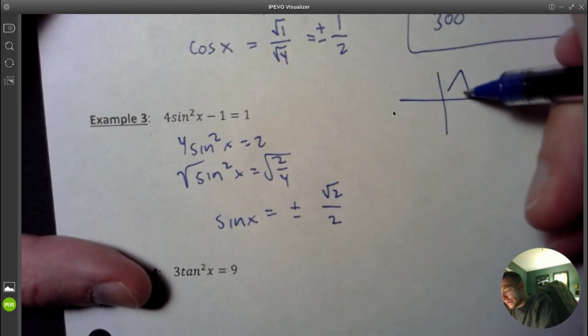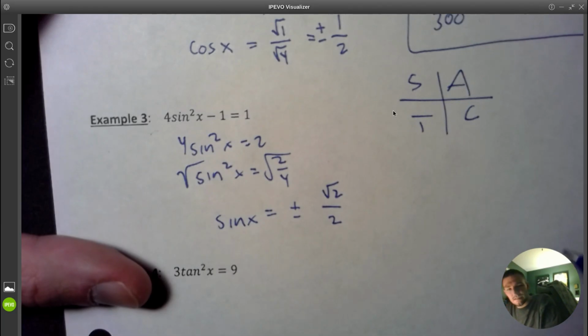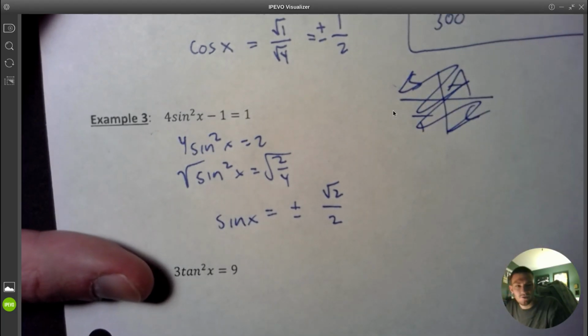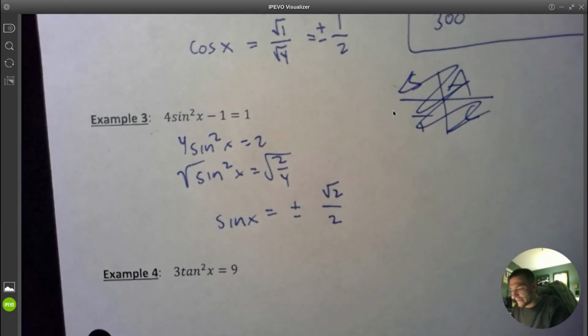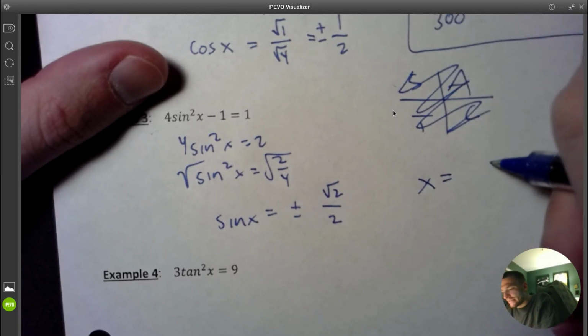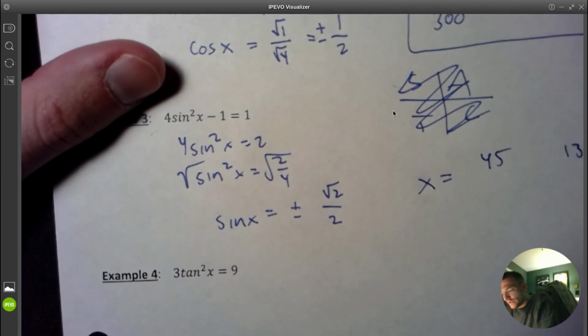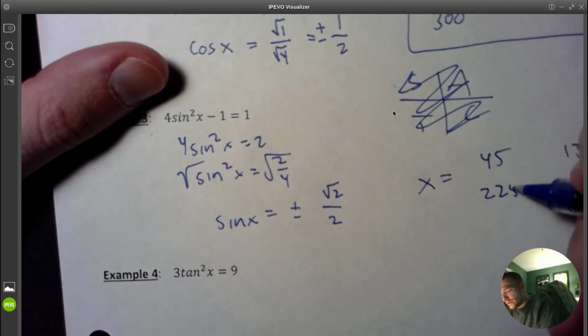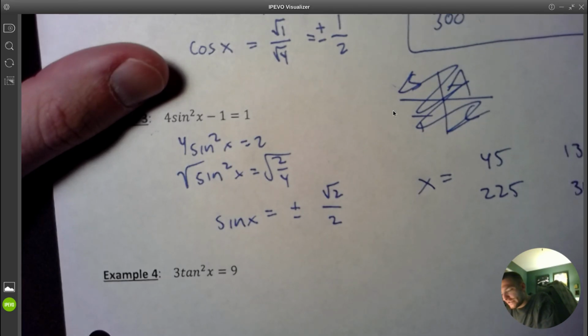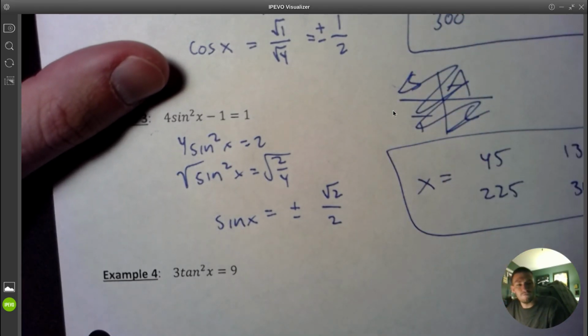And I don't have to think about a smart trig class. I want all of them, the positives and the negatives. That actually kind of makes it easier instead of harder. X is equal to 45, 135, 225, 315, all 4 of them.